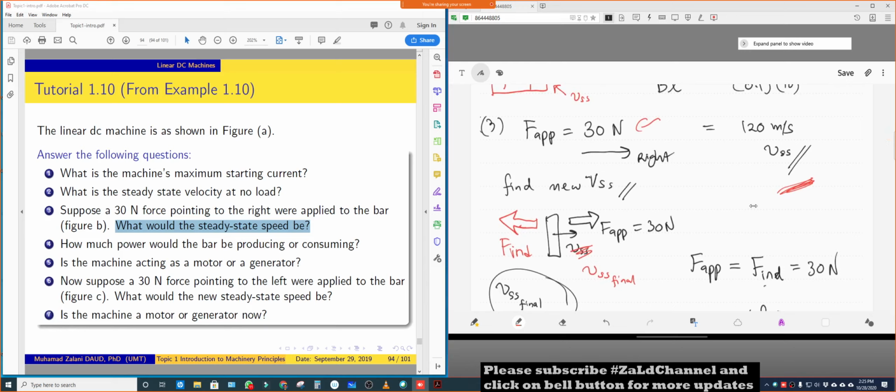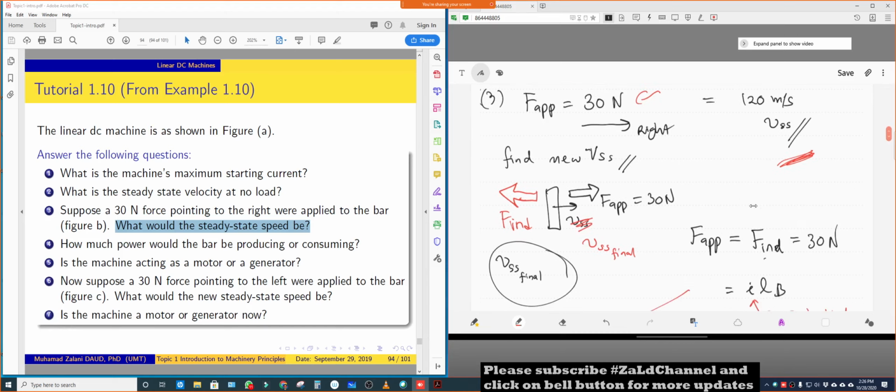I am going to use the term machine now. We start the machine, and then it achieves its steady state speed. The shaft is rotating at steady state speed, and then we apply the force to the direction of the applied force.